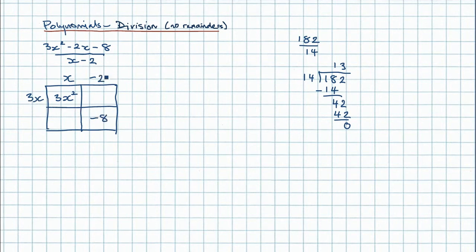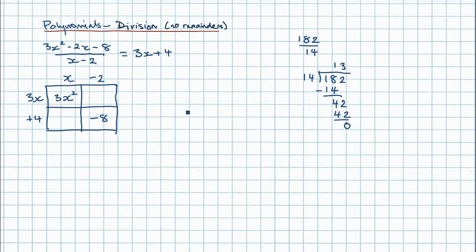So minus 2 times whatever the last term is will give us minus 8. In other words, minus 8 divided by minus 2, well, that must give us plus 4, because 4 times minus 2 is minus 8. So our answer to 3x squared minus 2x minus 8 divided by x minus 2 is 3x plus 4. So grid method works extremely well.